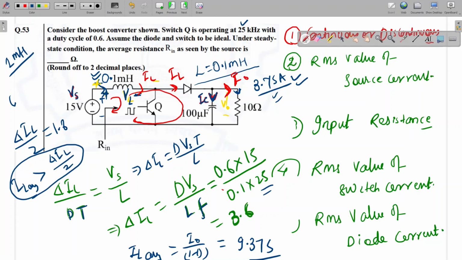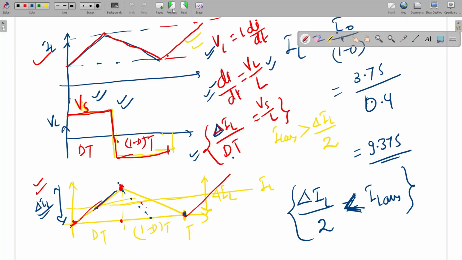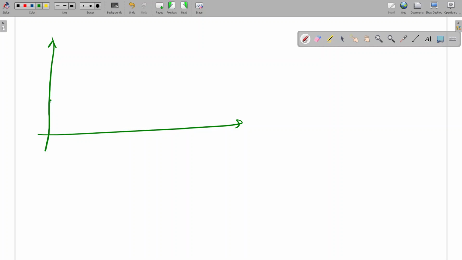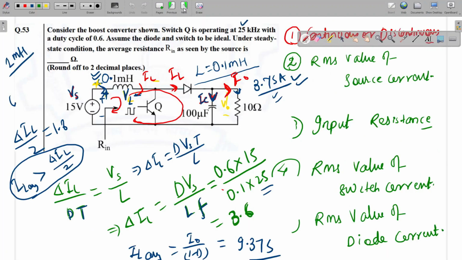I'll draw one waveform. IL we can draw like this. What is the average value? 9.375.